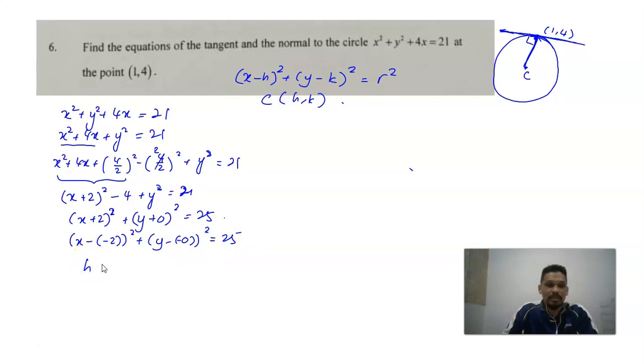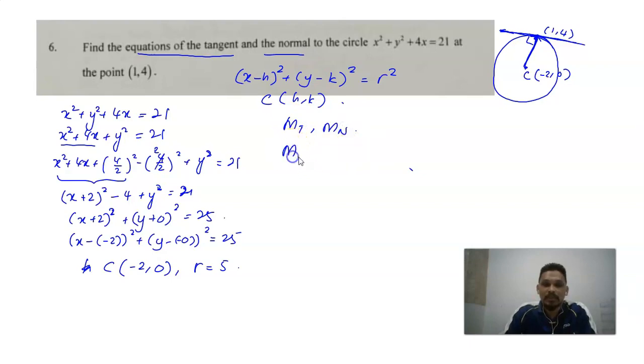So the center of the circle is negative 2, 0, and this is r squared, so the radius is 5. Okay, so according to this picture, the center is negative 2, 0. Now before we come up with the equation of tangent and the equation of normal, we need to find the gradient of tangent and gradient of normal.